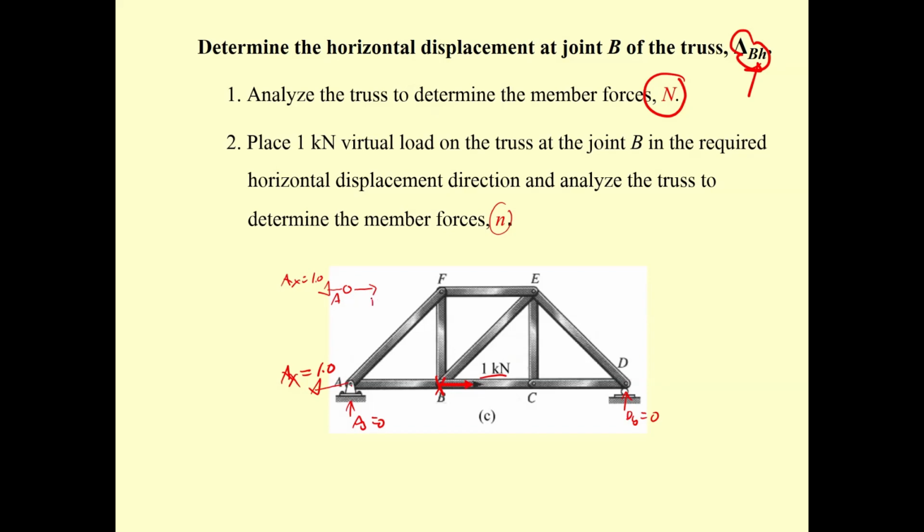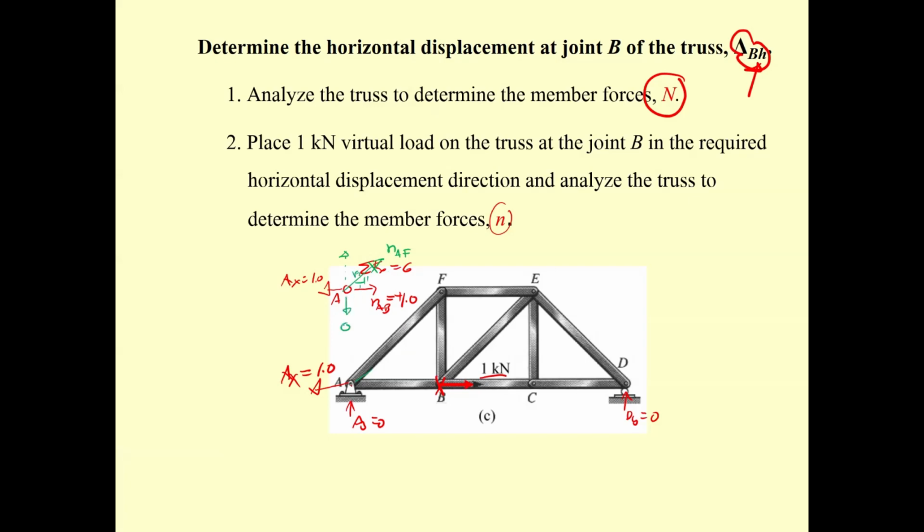Then following this, you have point A, and then A sub x equal to 1.0. You get the force over here, n sub AB. Summation of x equal to 0, this is going to be 1.0 positive. For the force over here, AF, n sub AF is at 45 degrees, 1 over square root 2.